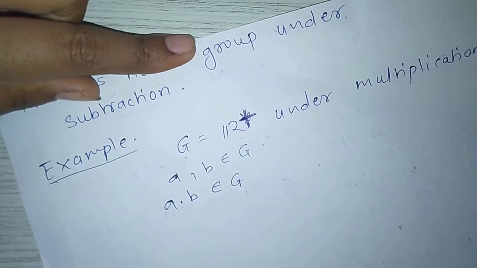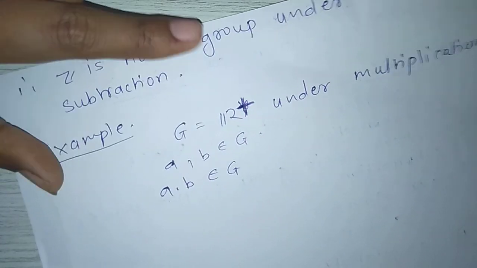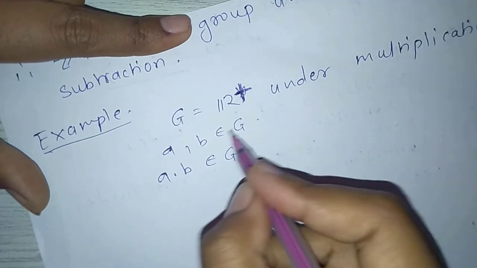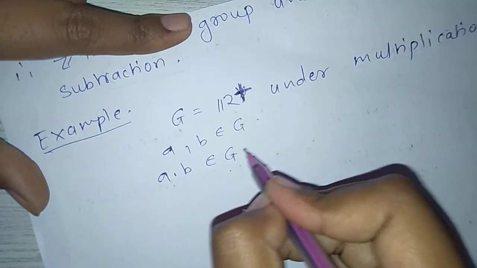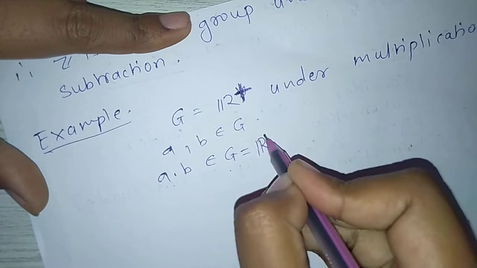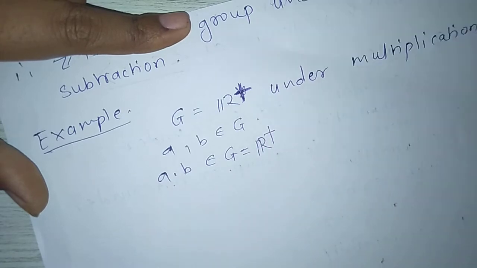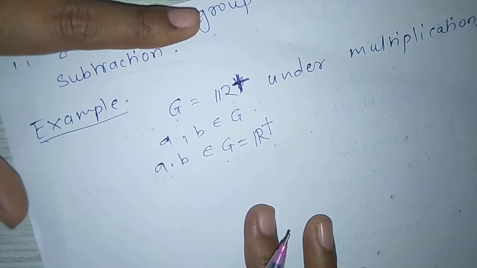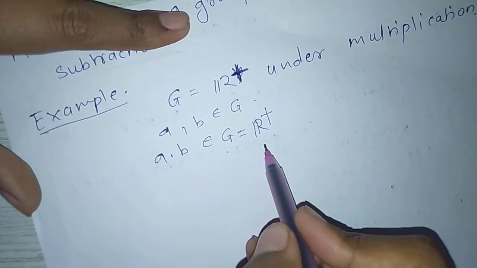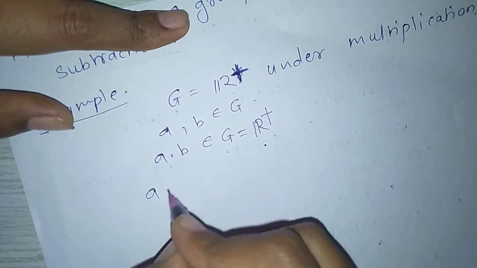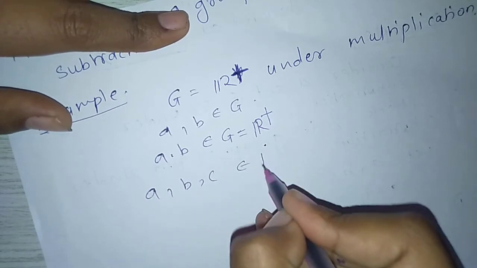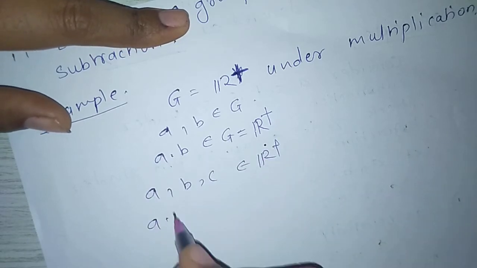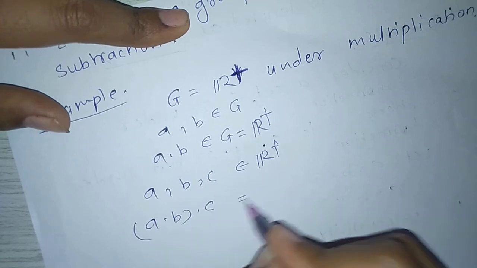If a, b belong to R plus, then their multiplication also belongs to R plus. Now a, b, c belong to R plus, then their multiplication is also associative.